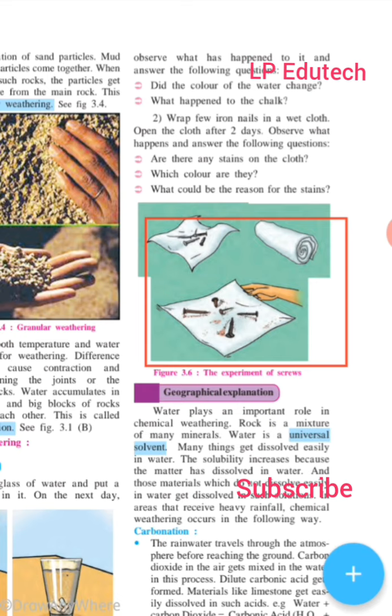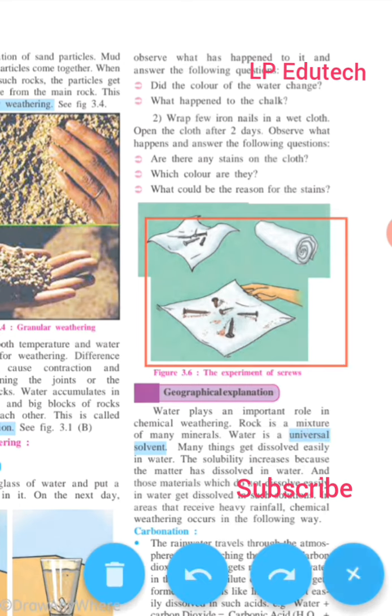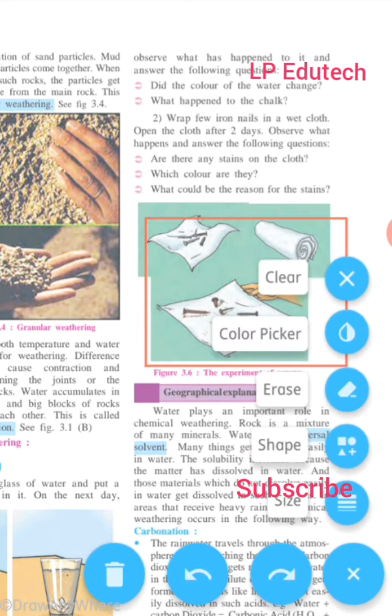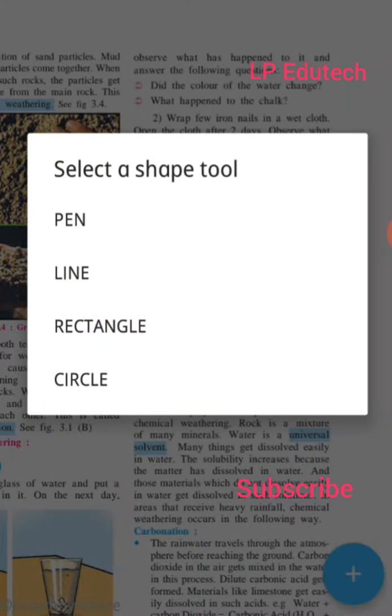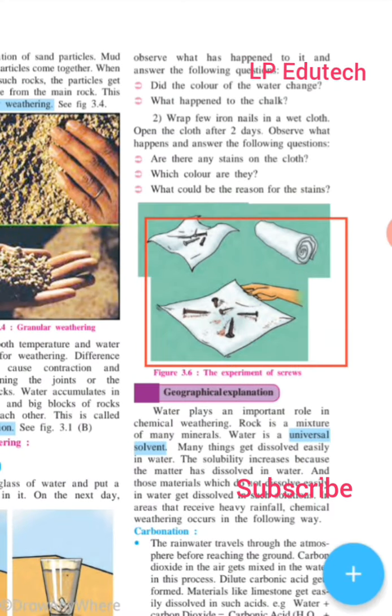So let us look at the geographical explanation of the same part. Now we know very well that water plays an important role in chemical weathering.